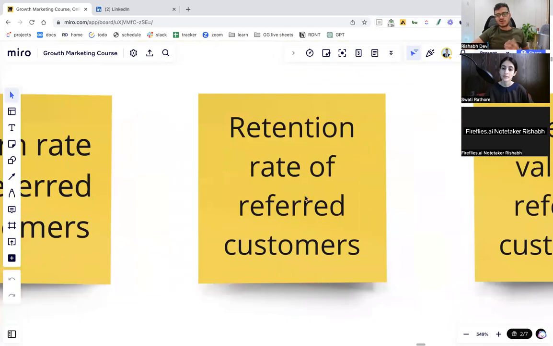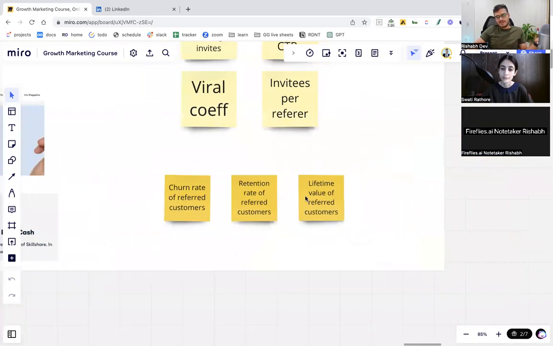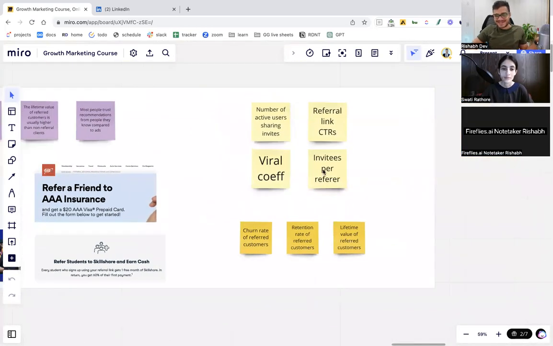You can also see if your referred customers are being retained better than your non-referred customers by measuring the retention rate of your referred customers. So then you can measure all of these metrics all over again. Like I said, the funnel sits inside the funnel. Okay, so any questions on that?